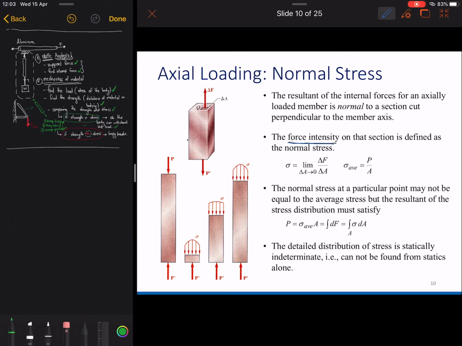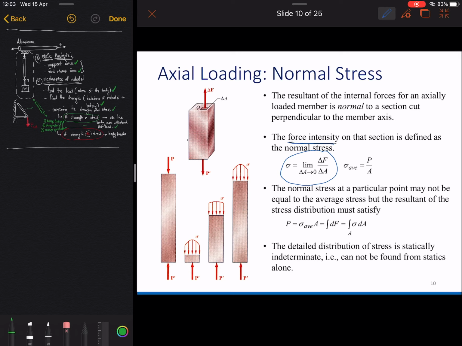So here also the formula is the same as before. The stress is just the force, the delta force, over the delta area, where the delta area is equal to 0. It means a really small force on a particular area which is very small.